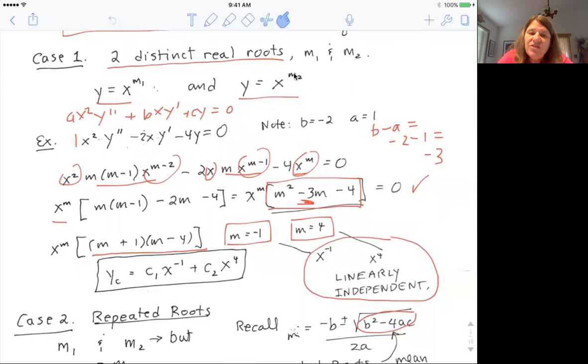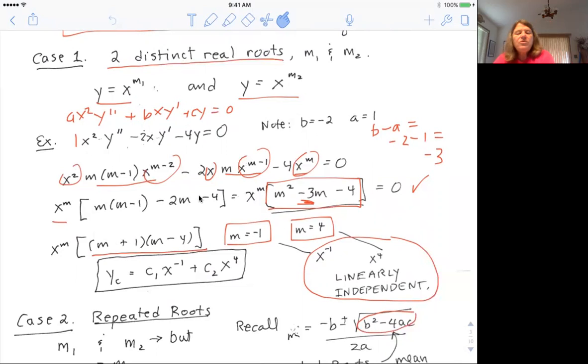One thing we did discover about second order was that the characteristic equation always took a certain form, and that certain form was that the coefficient on the y prime was b minus a. We showed that, so that you didn't have to go through this process every time with a second order of finding the characteristic equation by plugging in your x to the m and so on.